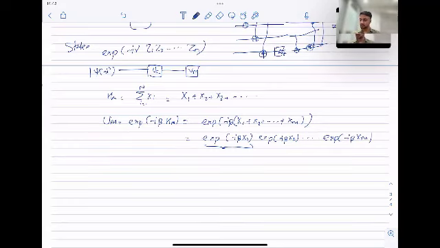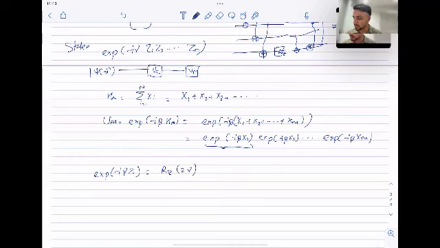What is this gate? Remember, I told you this, right? I told you exponentiation of i gamma C is just rotation by angle 2 gamma. So what do you think is exponentiation of i beta X?